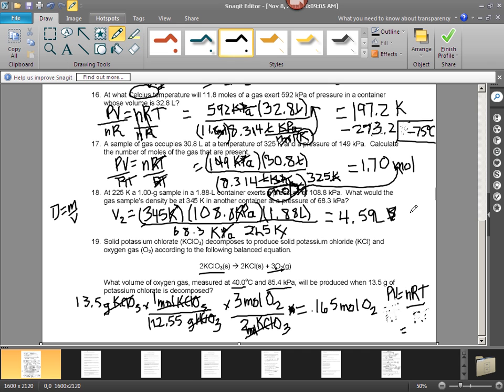So, we're dividing by P. And there's our V. Our V is equal to nRT over P. And here's our n. We had to find our own n. There it is. R is from the packet. T is the 40 degrees converted to Kelvin. And the pressure is the 85.4 kilopascals. I don't have it actually solved, but that is how you would do it. And we'll wrap that up now.